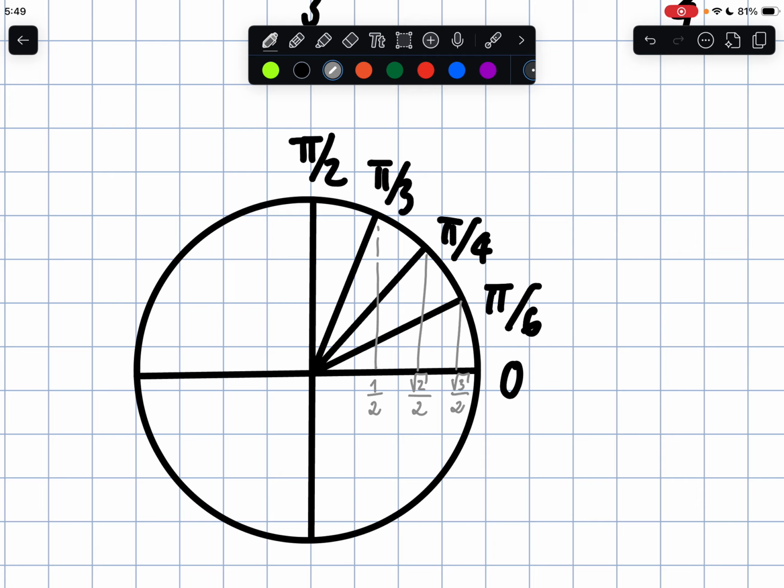Similarly, you have for the sine, square root of 1 over 2, square root of 2 over 2, square root of 3 over 2.